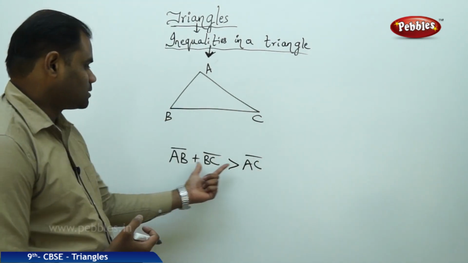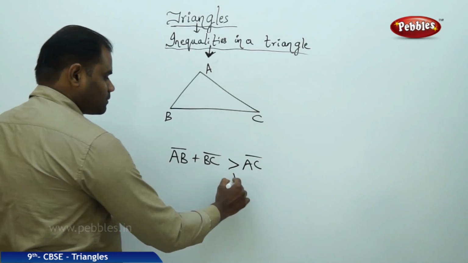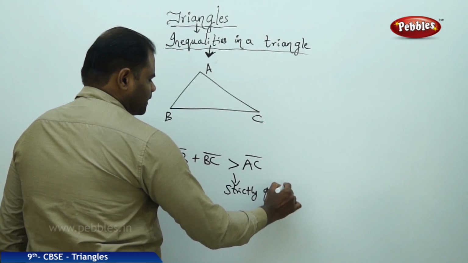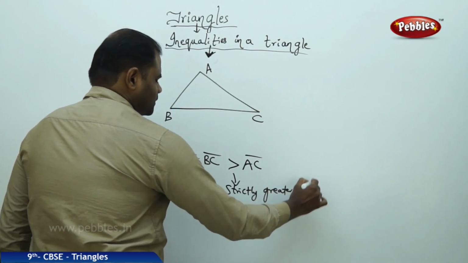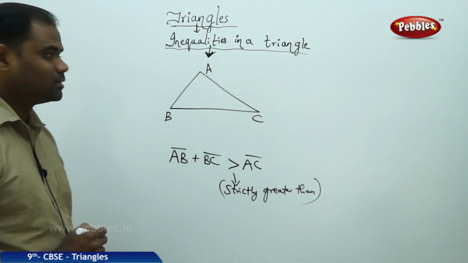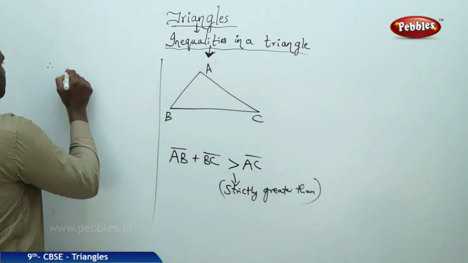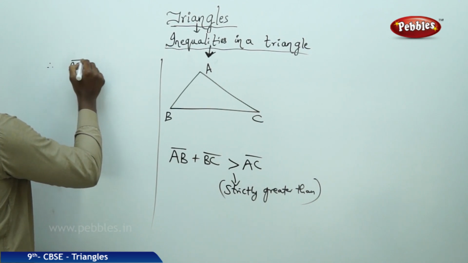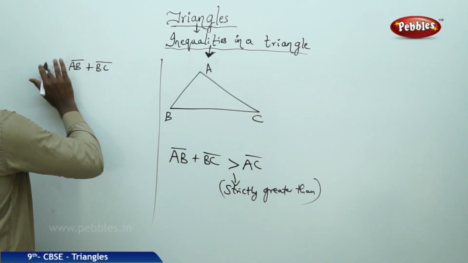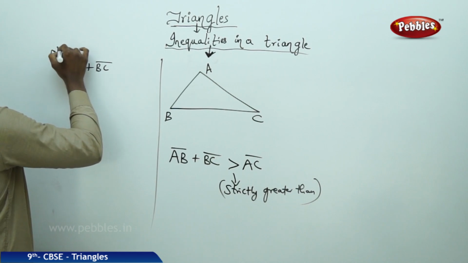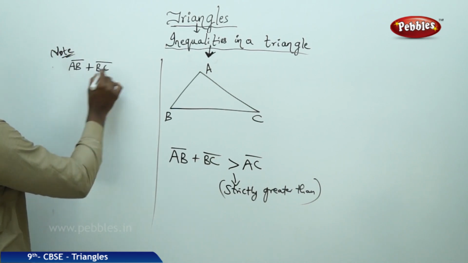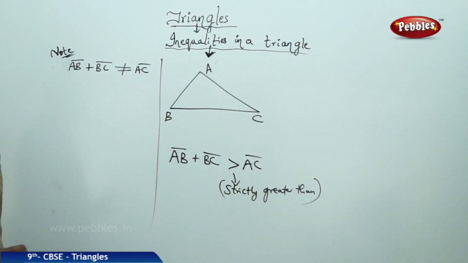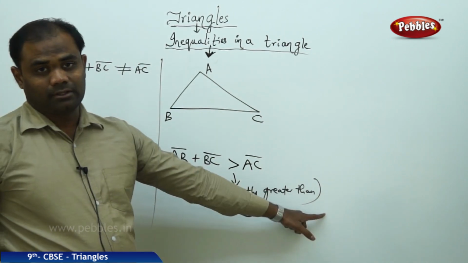Therefore, it is important to note that AB plus BC can never be equal to AC. It should be strictly greater than.